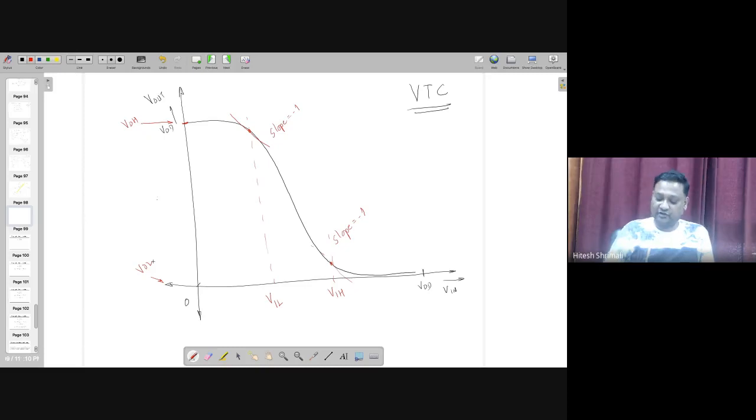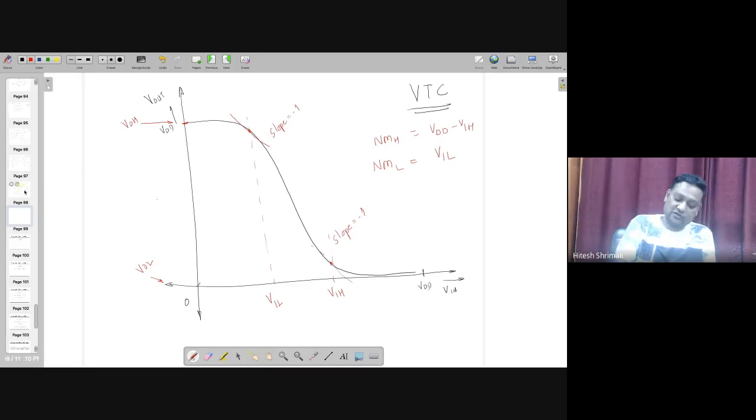So from here, you can find out the noise margin high and noise margin low. Noise margin high is VDD minus VIH, and the other one is VIL. From here, you can find out the required things. So this is noise margin.